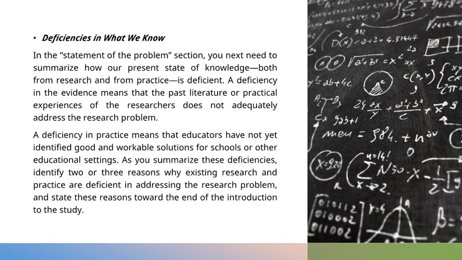A deficiency in practice means that educators have not yet identified good and workable solutions for schools or other educational settings. As you summarize these deficiencies, identify 2 or 3 reasons why existing research and practice are deficient in addressing the research problem, and state these reasons toward the end of the introduction to the study.